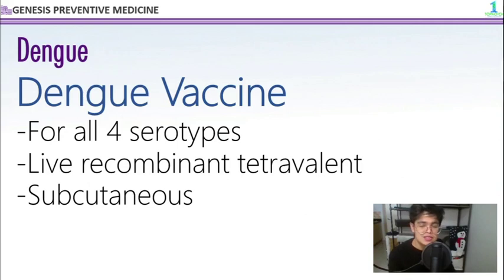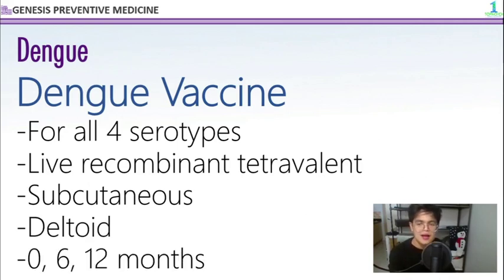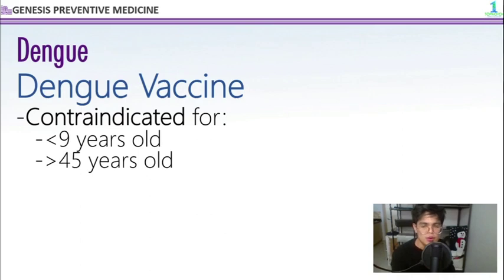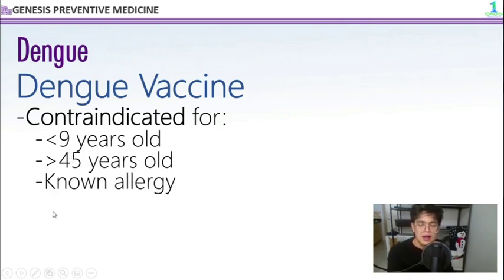Okay, it is given subcutaneously, it is given in the deltoid area, and it has a 3-dose schedule given at 0, 6, and 12 months. Dengue vaccine is contraindicated, cannot be given for children less than 9 years old, adults older than 45 years old. So the population eligible for dengue vaccine is 9 to 45 years old.